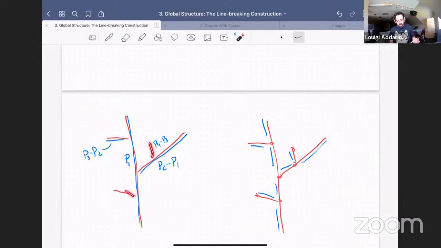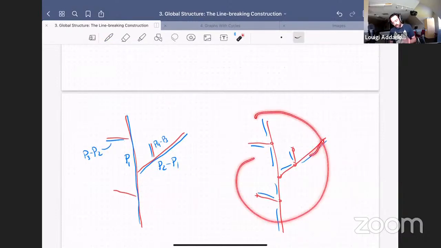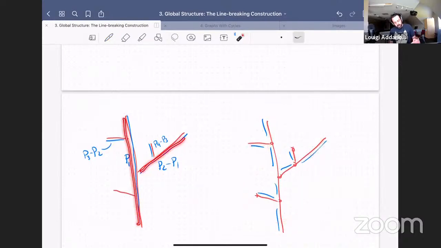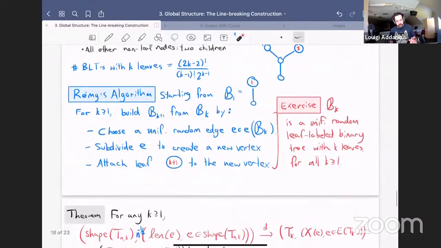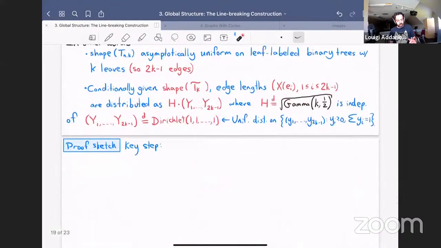But if we want to understand the shape of this tree along with the edge lengths, then we need not just to understand the lengths of the branches as they come along, but how they attach onto the tree. How these attachment locations behave.